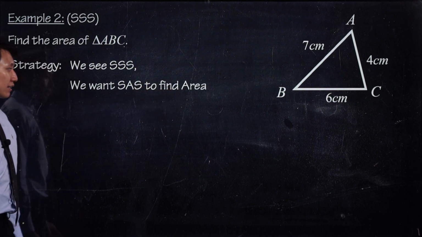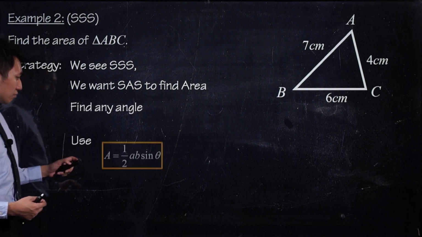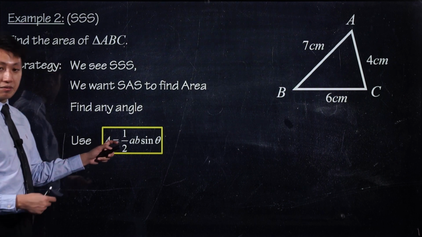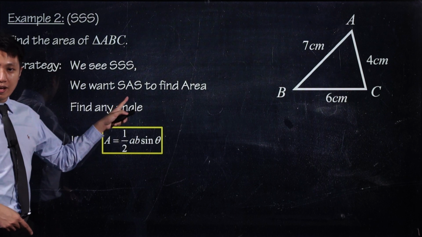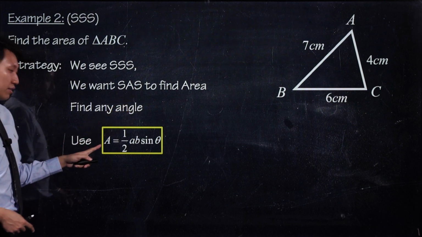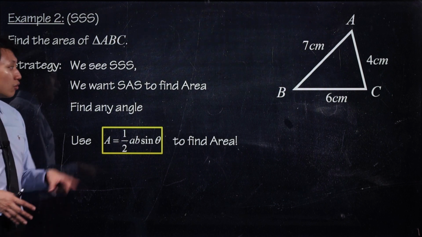How do you find SAS? We want an angle, so we use cosine rule. After we use cosine rule to find an angle, then we can use this formula to find the area.